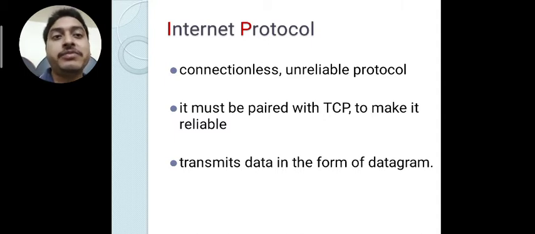If we wish to use Internet Protocol and also get reliability, we combine it with TCP, and when these two protocols combine they provide a better result. It transmits data in the form of datagrams. What is a datagram? A datagram is a type of packet.